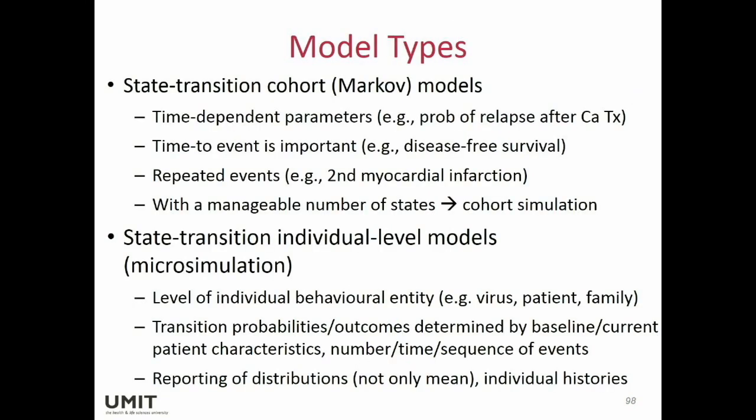So coming back, we had state transition cohort models where we run a cohort through our simulation, through our computer simulation program. On the other hand, we could run individuals through our models. And this now allows us to take into account that each individual carries their own characteristics, their baseline characteristics, and their characteristics that change over time.